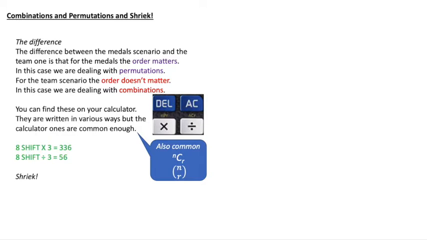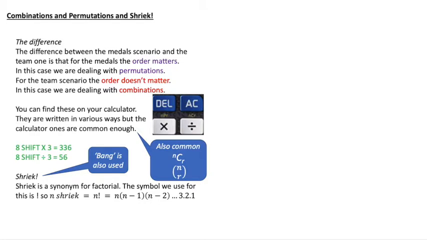We're now going to introduce another mathematical concept, which is shriek, and actually you've probably come across this before. It's generally called factorial. Bang is also used. These are terms that come to some extent from the IT world, and shriek, as I just said, is a synonym for factorial.